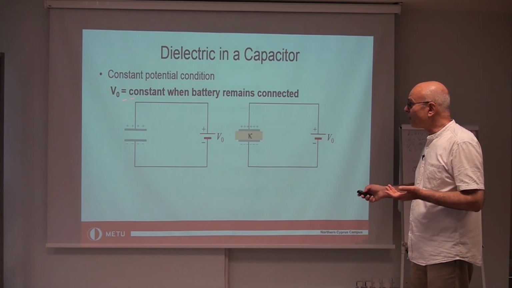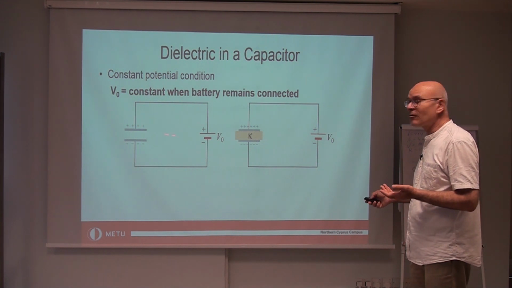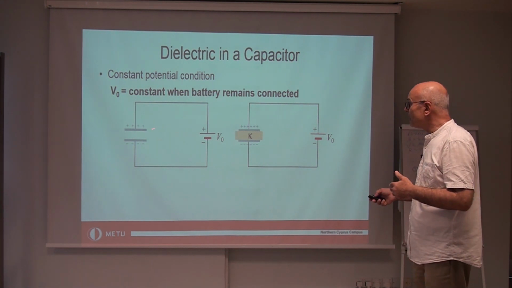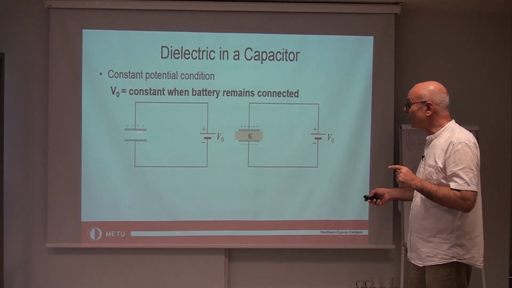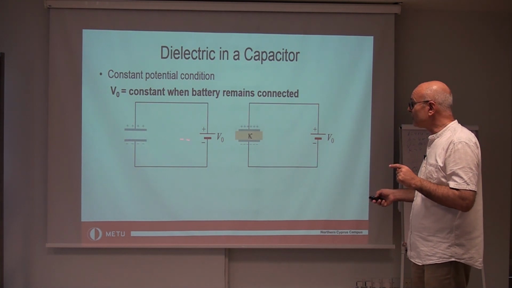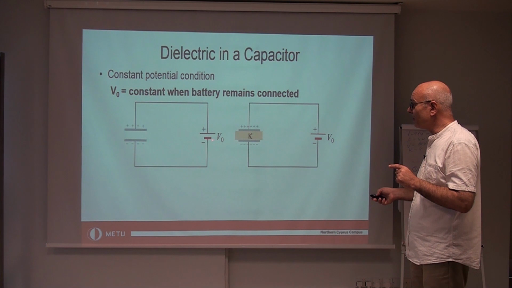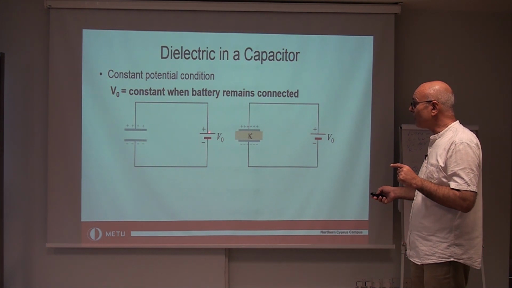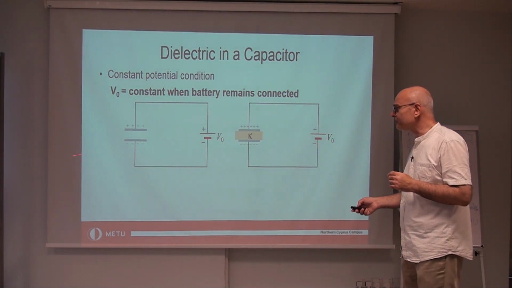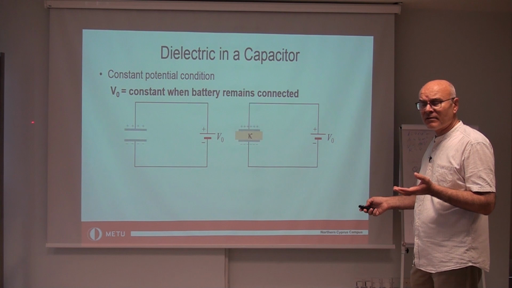Because these are connected together, they act as a single conductor, and they will reach equilibrium when the potential, not the charge, of this plate and the potential of this terminal are the same, and the potential of this plate and this terminal are the same. Therefore, in this case, the potential difference across the battery is the same as the potential difference across the capacitor. This is how things happen.